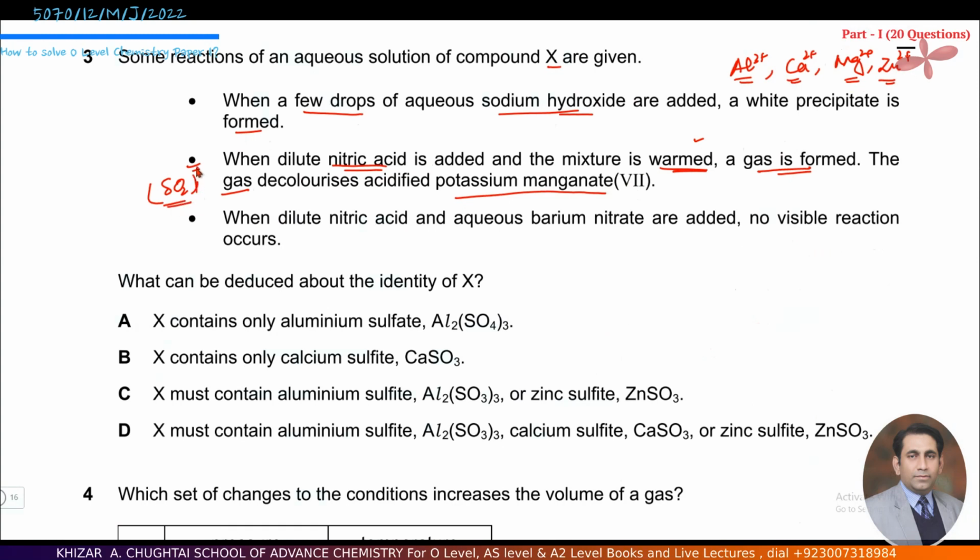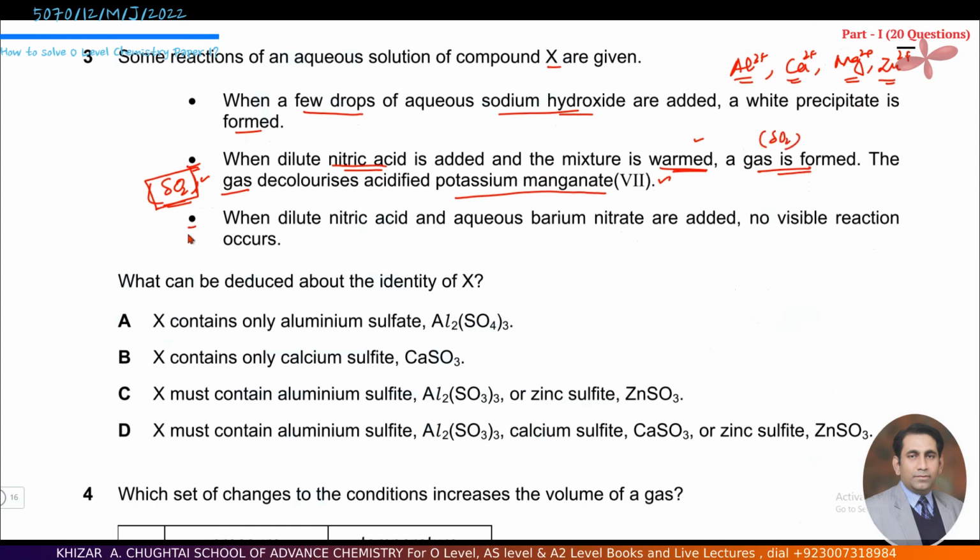It is a test for SO2 gas. It can change the color of KMnO4. It can change the color of K2Cr2O7. So there is a high chance of the formation of SO2 gas according to this point number 2.